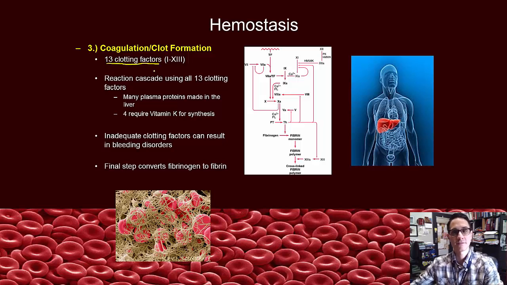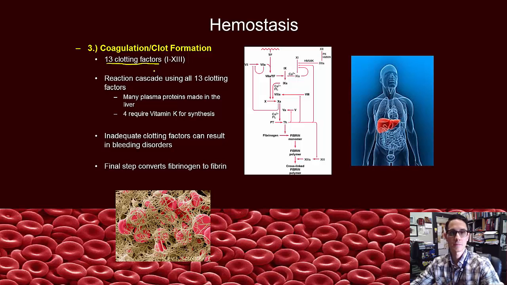Many of these clotting factors are plasma proteins that float around inactively in the plasma. One of those clotting factors is calcium, so we're going to use calcium as well. In order for us to successfully go through this step, all of those 13 clotting factors have to be present. If even one of those clotting factors is not there, we're not going to be able to properly form a clot and stop the flow of blood.